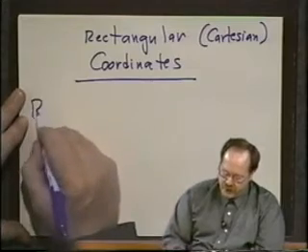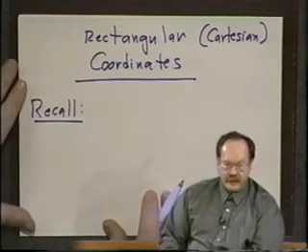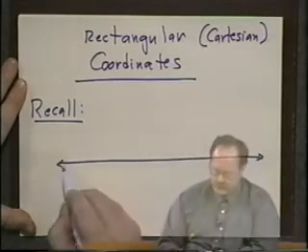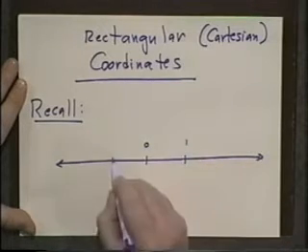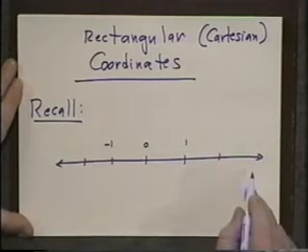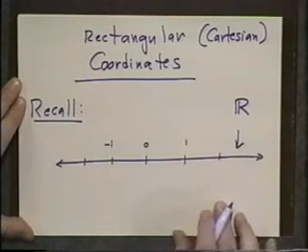Now, before I draw them, let me recall something from the review where we talked about the real number line. Remember the real number line. We drew it something like this. We put a 0 at one point, and we marked off units, and all the real numbers then lived on this line. So this was a representation of the real numbers.